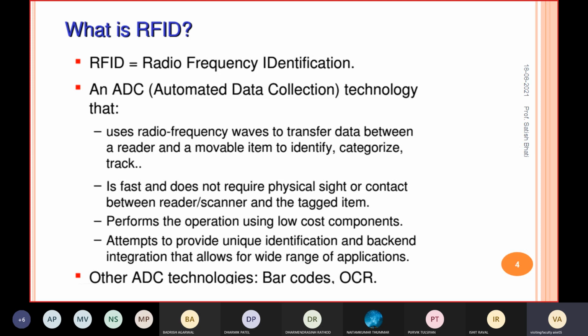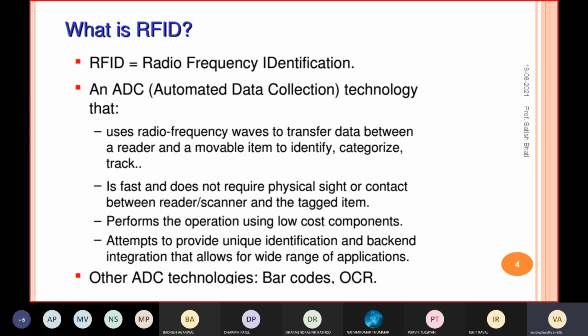OCR is optical character recognition. Optical character recognition means whatever text is written on the wrapper or on the box, using a camera you can scan those characters. Whatever is written on the record will be directly copied to your system, right? It's similar to using Google Lens. When you take a picture of something, it will take whatever characters are written on the object.